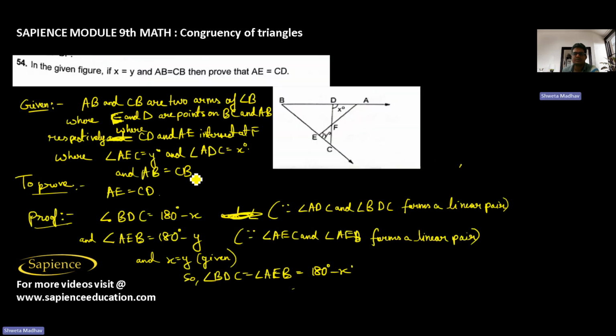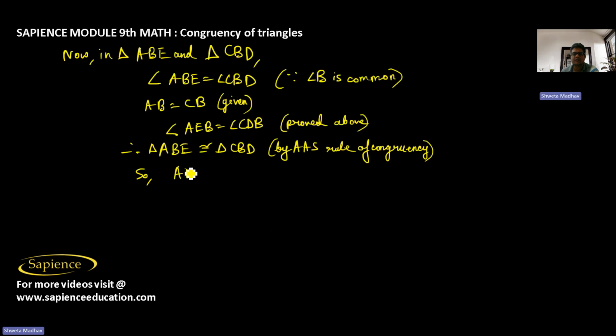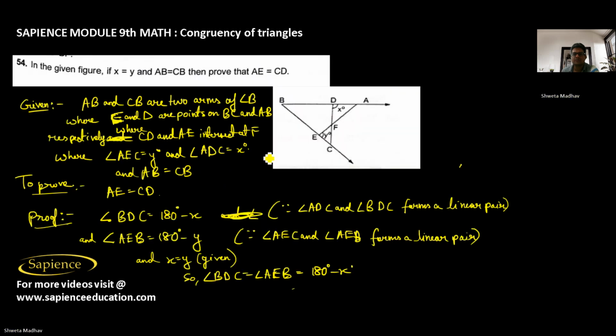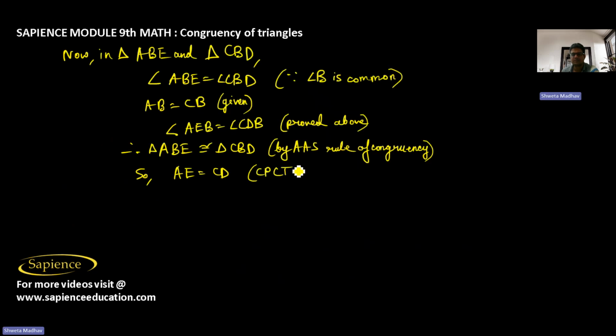So I can say that AE equals CD by CPCT. So hence proved.